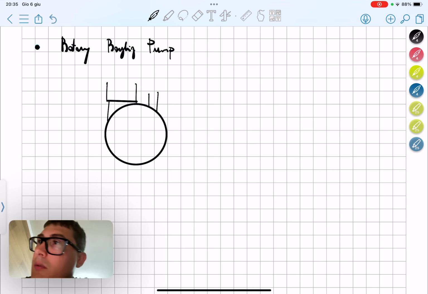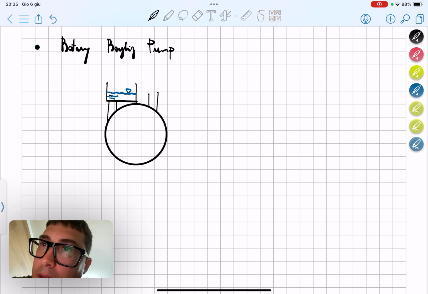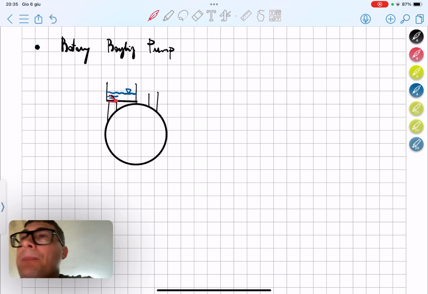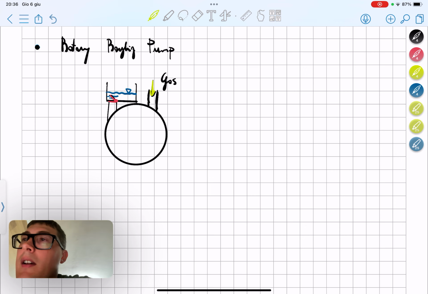We have some oil here. There is a valve here, which can open and close. This is where it is connected to the chamber. So the gas comes from here inside, which means that our container is somewhere here.